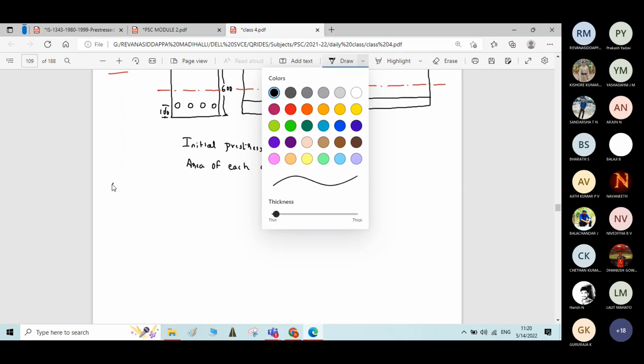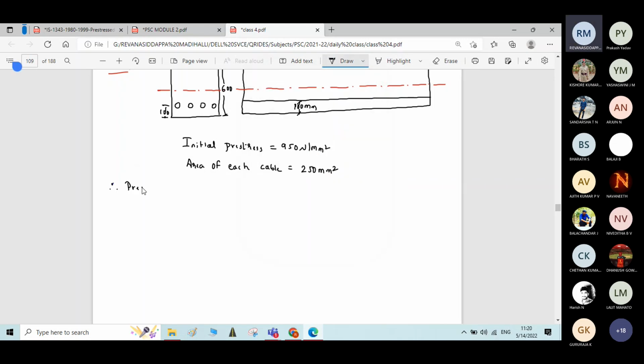Pre-stressing force in cable is equal to stress multiplied by cross sectional area, that is 950 into 250. The answer is 237.5 into 10 power 3 Newton, that is 237.5 kilonewton.